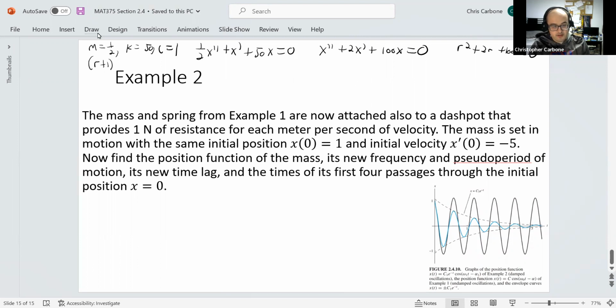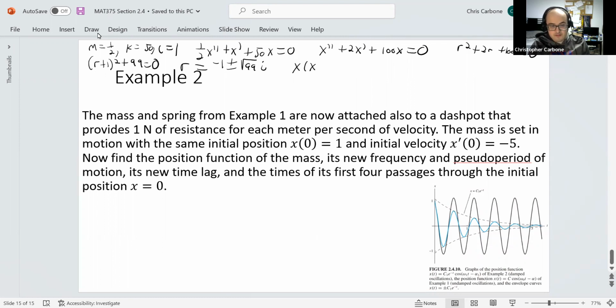R plus 1 squared plus 99 would be equal to 0. So divide 2 by 2, and then squaring that gives us the 1 from that. So based on that, the roots that we have would be equal to -1 plus and minus the square root of 99 times i. Those are complex conjugates.